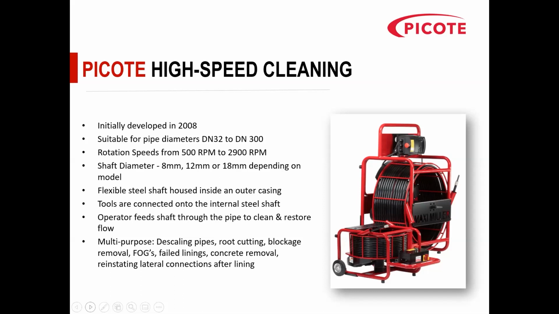They're also used for reinstating lateral connections after a cured in place pipe has been installed. There's a nice picture on the right. That's what our machines look like. We were the first to use high-speed cleaning machines. We developed them, and they are very portable.